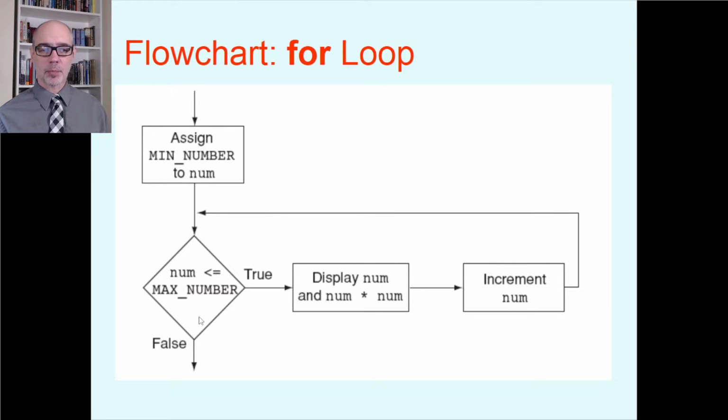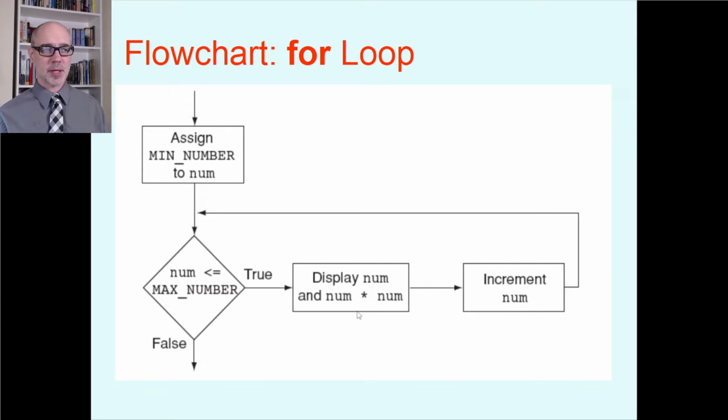Then you go to the second part, which is the test: is num less than or equal to the max number, which I think in this example is 10? If that's true, then you run the body of the loop, and in this case, it's going to display the number and num times num, which is the square of the number.